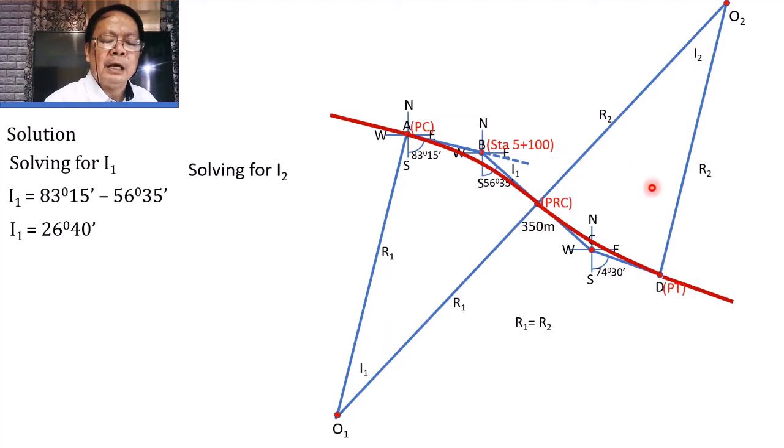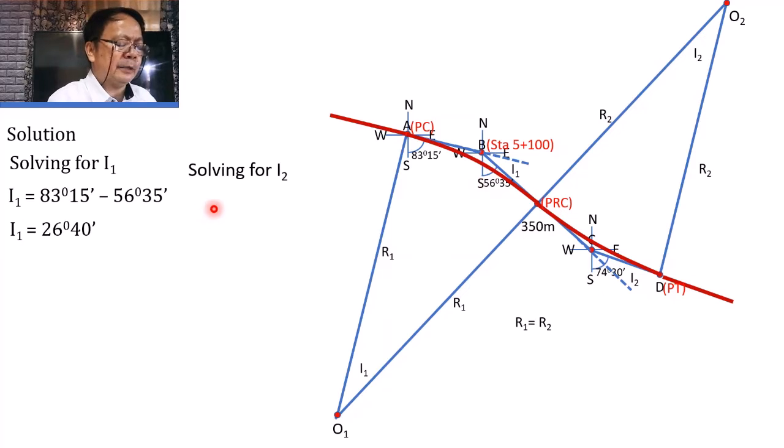Similarly, we can solve for I sub 2, which is this angle, also representing the deflection angle of the forward tangent from the common tangent. Let me show it here, this will be our I sub 2, this angle from here to there. And this can be computed as the difference between the direction of the forward tangent and the direction of the common tangent.